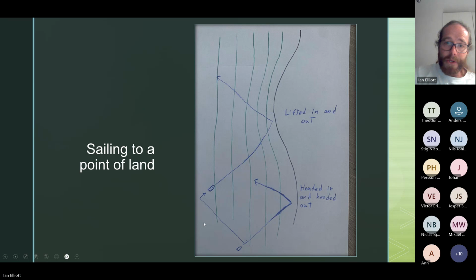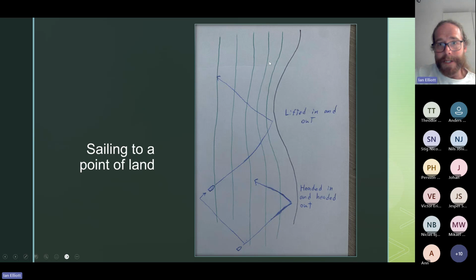So what you get out here, further away from the coast, if these are streamlines, so lines of where one particle of air would travel, this is just a straight line here. But if you sail in this way, you can see how with the wind being bent by the shore, you get a little bit of a lift.